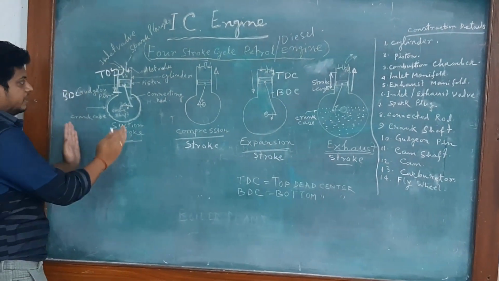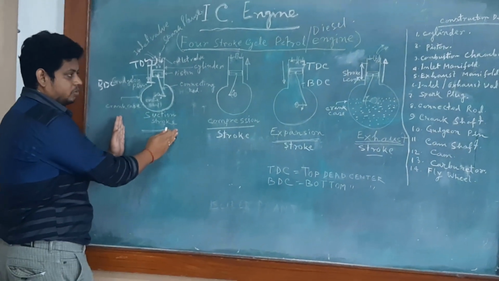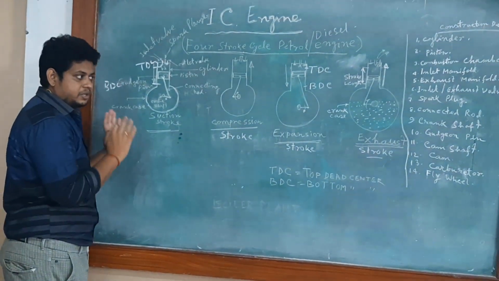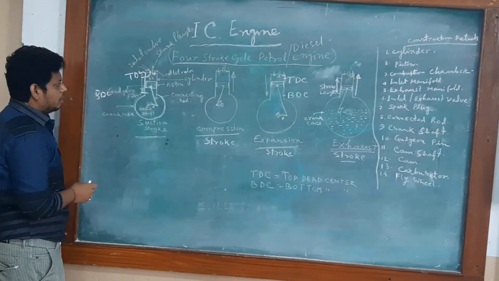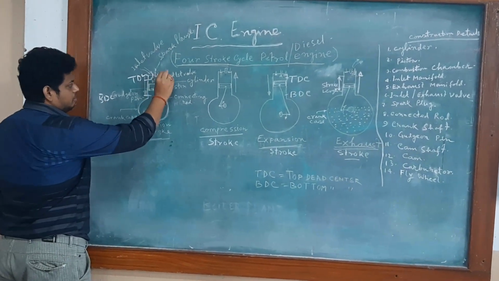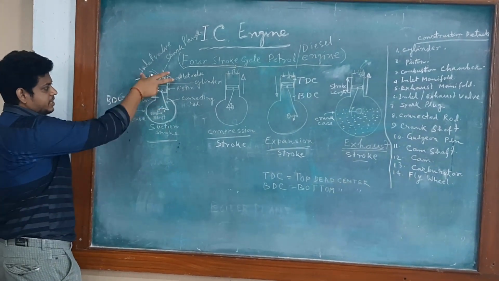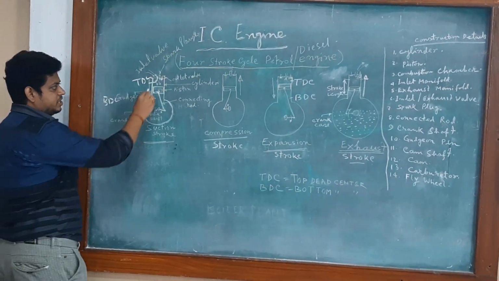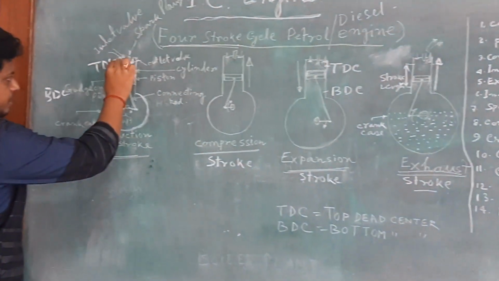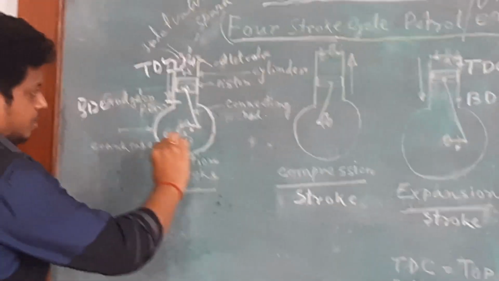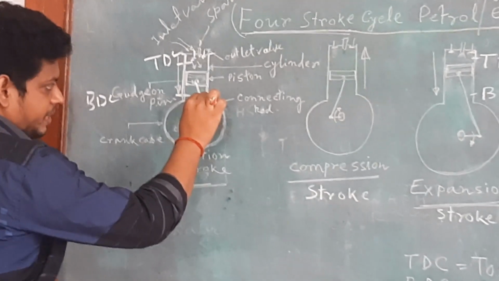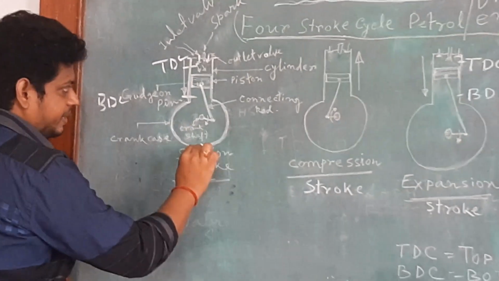Now I explain figure 1, that is the suction stroke, and you can easily understand the whole operation. First look at this picture. This is a cylinder piston arrangement. For the construction, the upper part is the cylinder and the lower part is the crankcase.